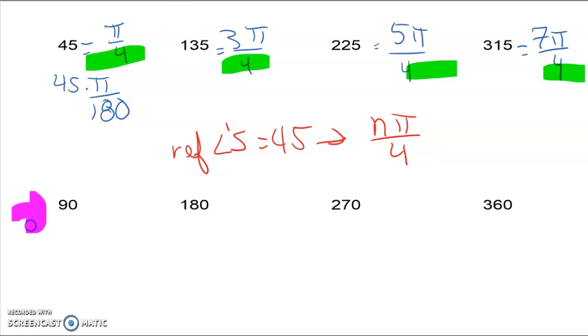The ones down here are kind of nice. They're sort of special because 90 degrees is halfway towards pi, so it's pi over 2. Here's all the way to pi. Here's 3 pi over 2, and here's 2 pi. I don't know that we need a pattern for these as much.